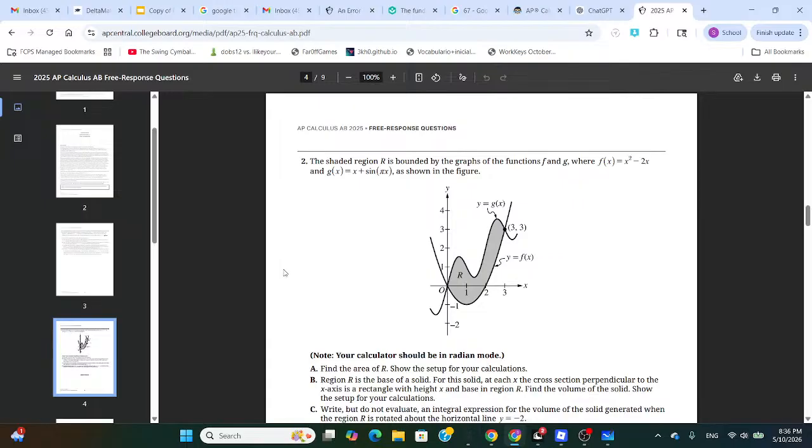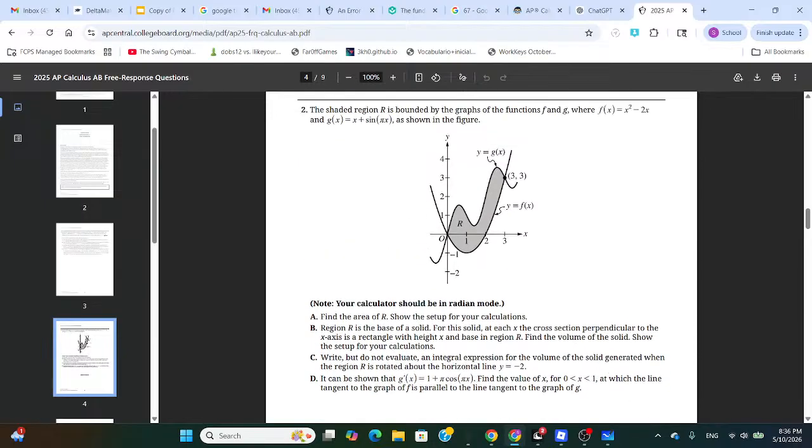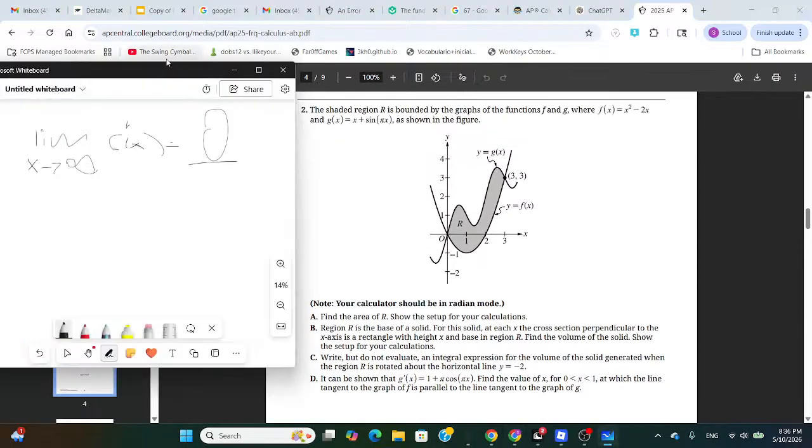Yo, that looks insane, bro. Oh man, I can't wait to see all the TikToks that go like how FRQ number 2 had me feeling on the AP Calc AB exam. You know those TikToks of kids crying about the exam after they took it. I can't wait to see all that after the test.